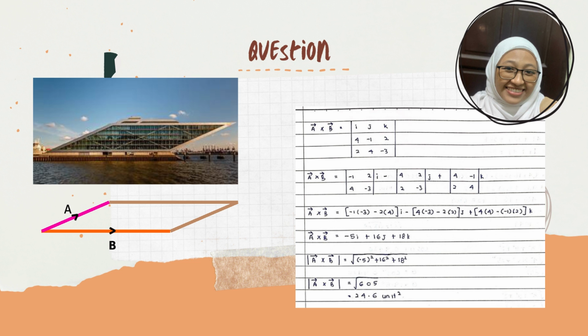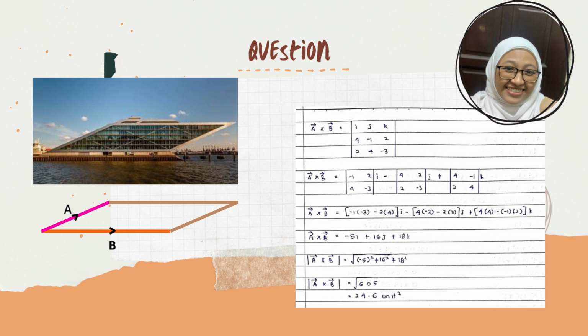To find the area of this building, we need to use the matrix method. So vector A times vector B equal to the determinant of i j k, with rows negative 1, 2, 2 and 4, negative 3. Then vector A times vector B equal to (negative 1, 2; 4, negative 3)i minus (4, 2; negative 3)j plus (4, negative 1; 2, 4)k. Vector A times vector B equal to (negative 1 times negative 3 minus 2 times 4)i minus (4 times negative 3 minus 2 times 2)j plus (4 times 4 minus negative 1 times 2)k.